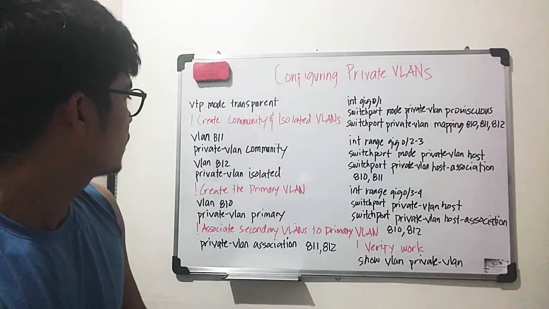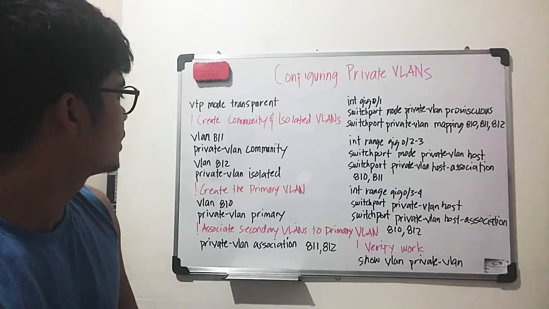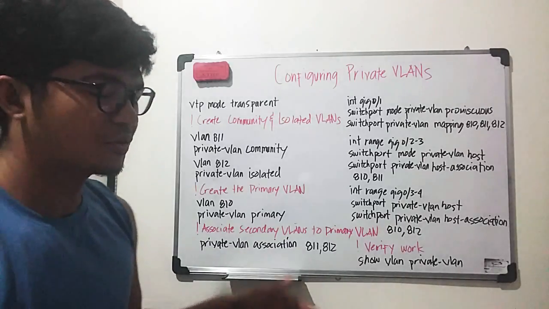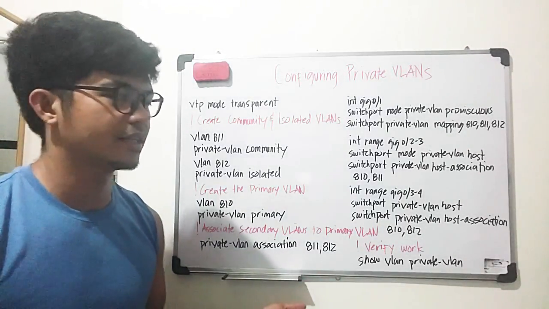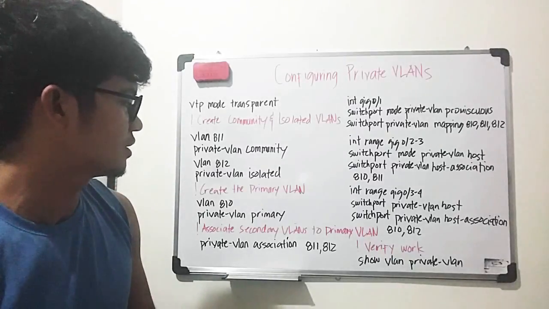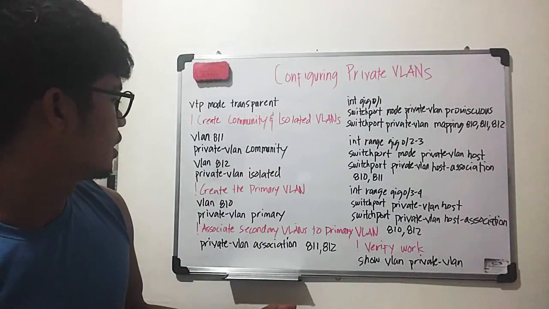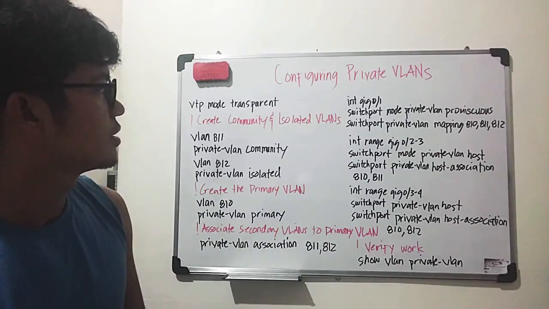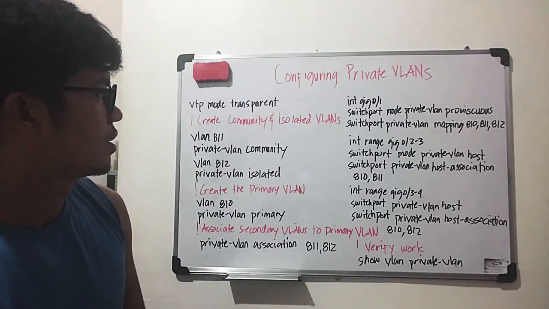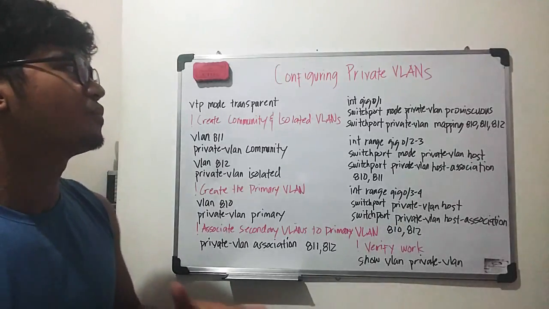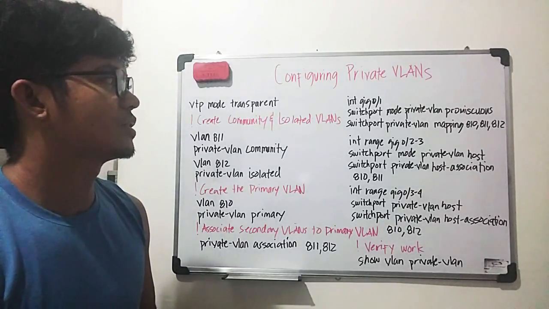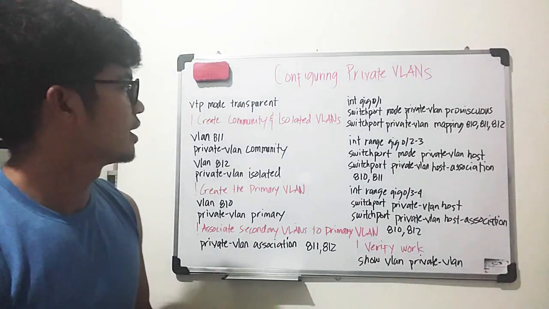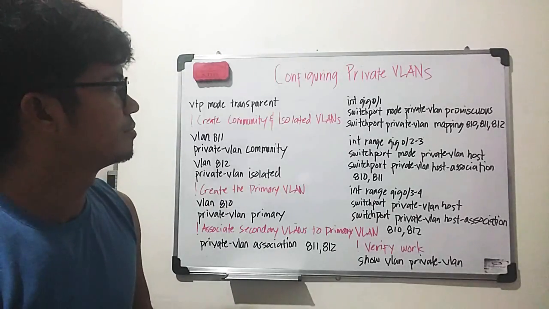After you created the private VLANs and associated the secondary VLANs to the primary VLAN, you need to configure the ports that belong to the isolated VLAN and community VLAN.